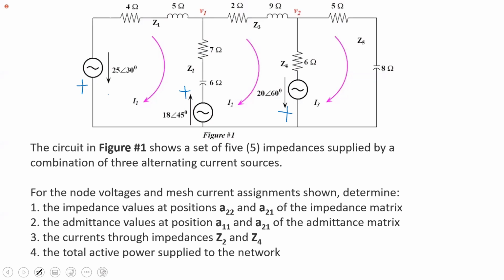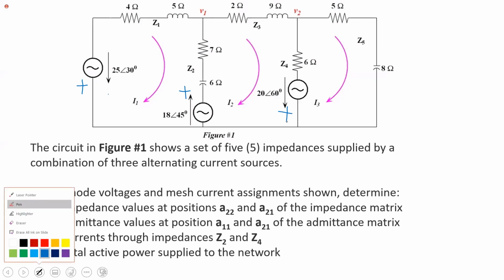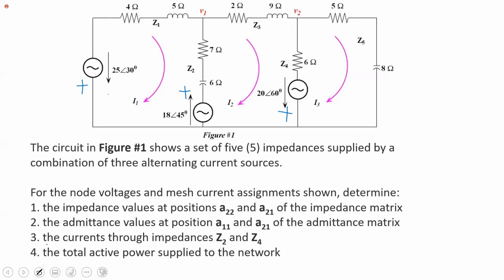Now, when you're considering the current being delivered by the sources, in this instance I1 would be the current through the 25 volt source, you agree with that? I1 is flowing through that source. Yes, sir. The current is actually going into the positive of the source.